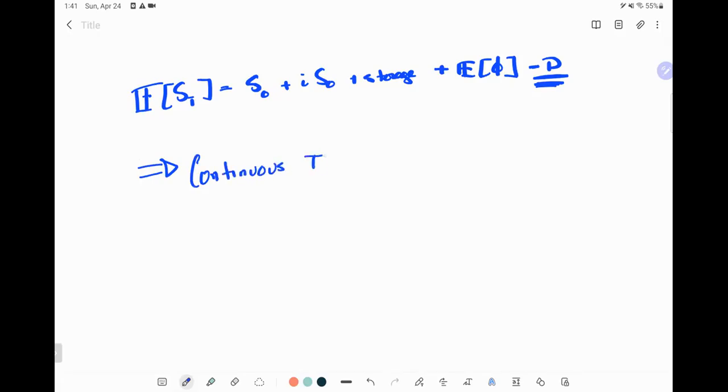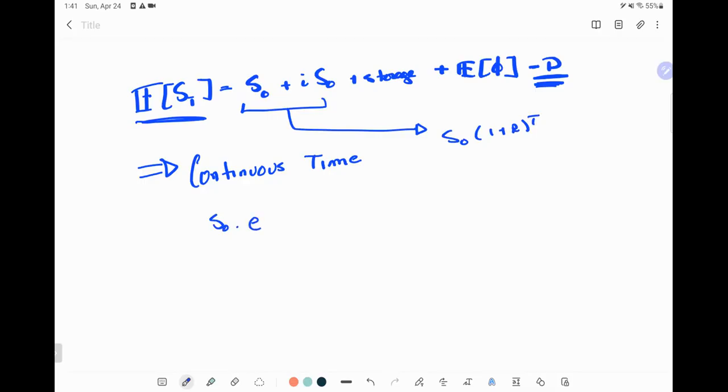In continuous time, we can have this calculation, which is the spot price plus the financial cost. Usually in discrete time we do S0 multiplied by (1 plus r) to the power of T. In continuous time, we have S0 multiplied by exponential of rT, where R is the annual rate and T is the time.